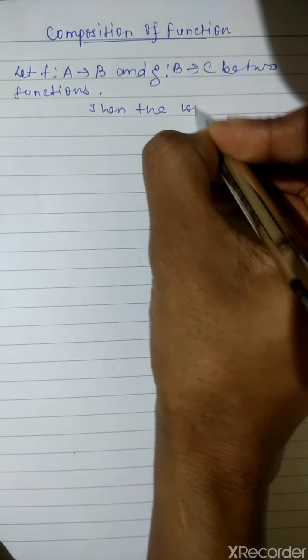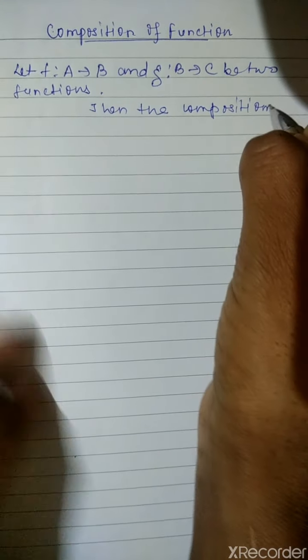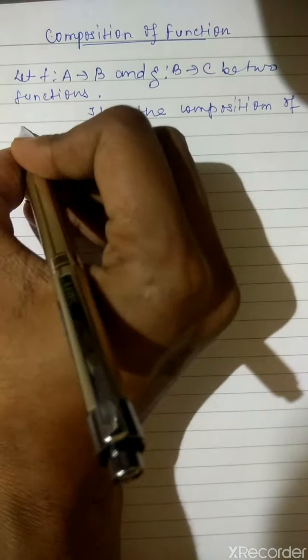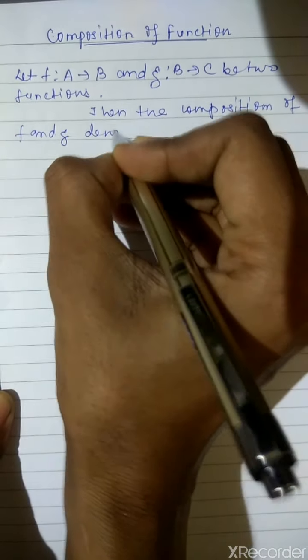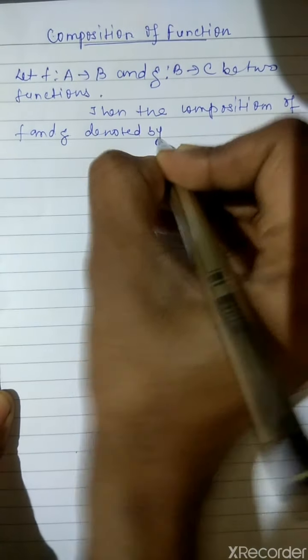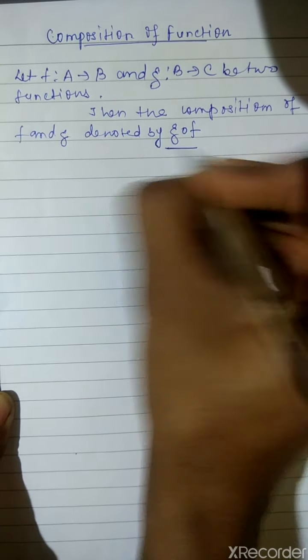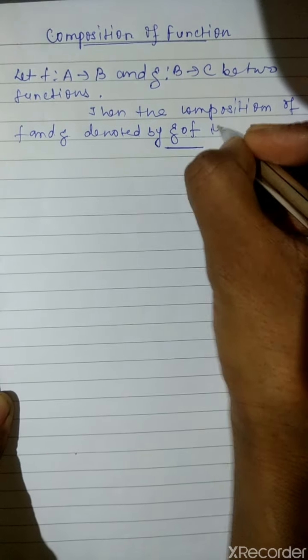Then the composition of F and G is denoted by G naught F.